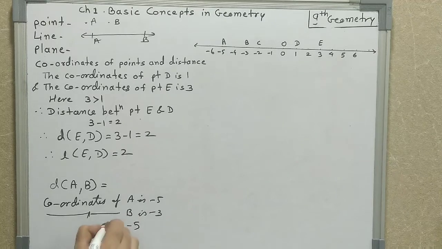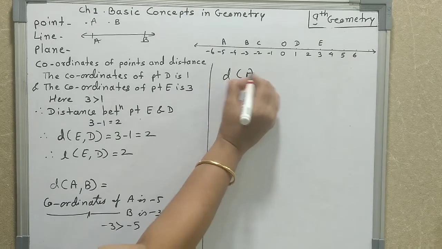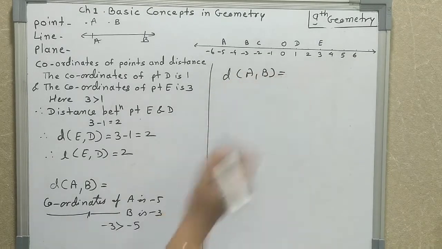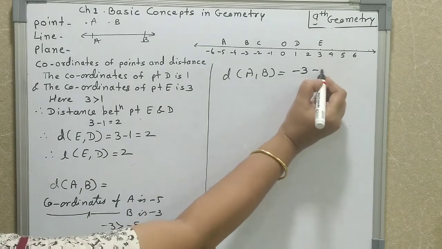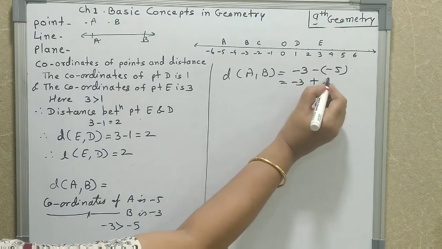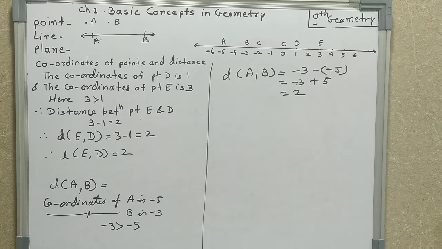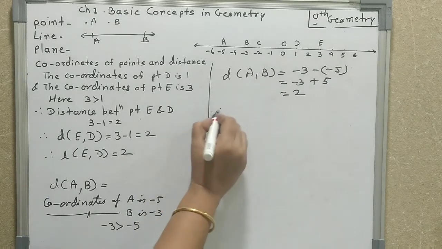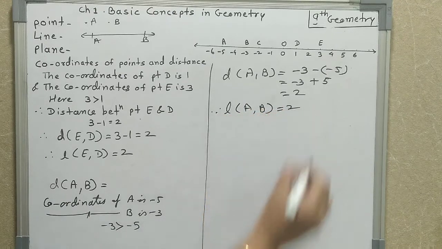A negative number that is smaller in magnitude is greater. So we subtract using the formula: distance AB is equal to the greater number minus the smaller, -3 minus (-5), that is -3 plus 5. So the distance between A and B is 2, or we write the length AB is also 2.